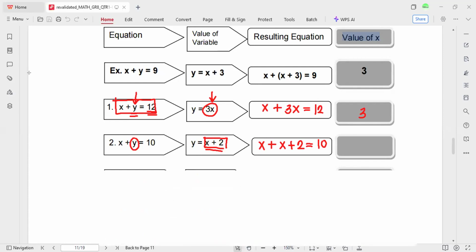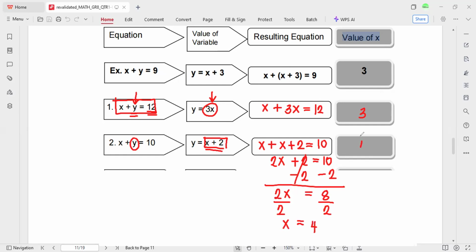Combine like terms, x plus x is 2x plus 2 equals 10. Then isolate 2x, we get 2x equals 8. Divide both sides by 2. So we get x is equal to 4.